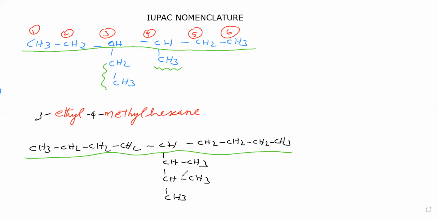The branch is like a complex, that means a complex substituent is the branch. For this, how to say the name? We have to select a small parent in this and we have to select branches, then we have to say the name.